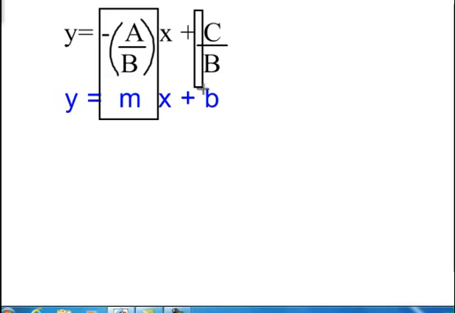And c over b is exactly the same as little b, which would mean my y-intercept, represented by little b, could also be c over b. Knowing this is going to really help us understand how to go from slope-intercept to standard form and standard form back to slope-intercept real fast, to where you can even do it in your head. Yeah, in our heads!